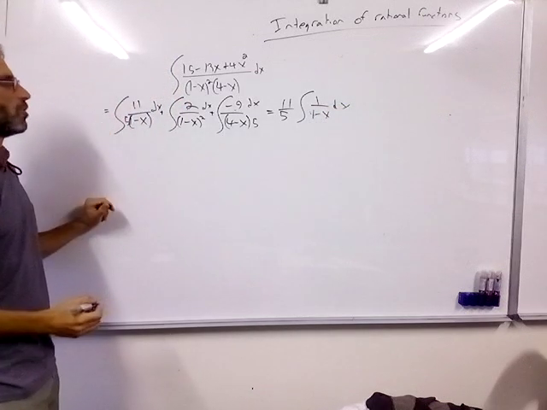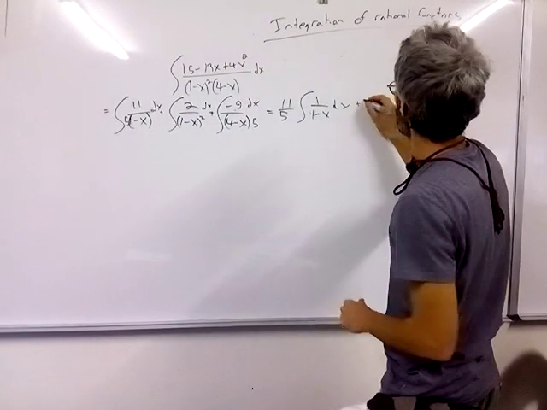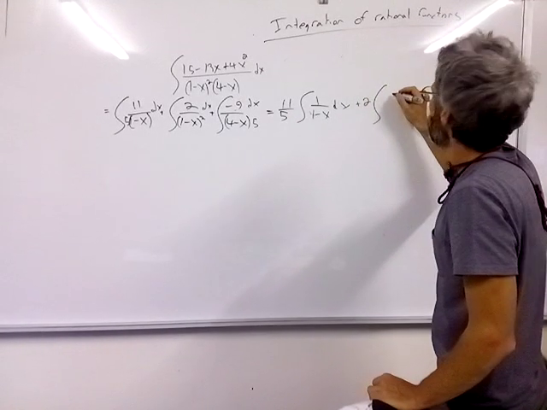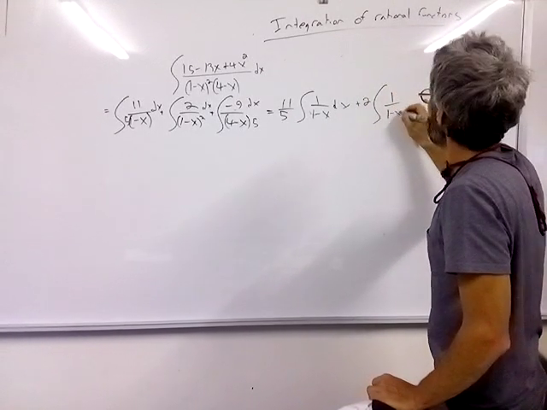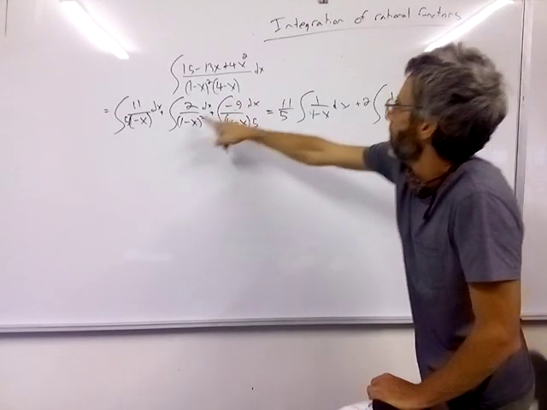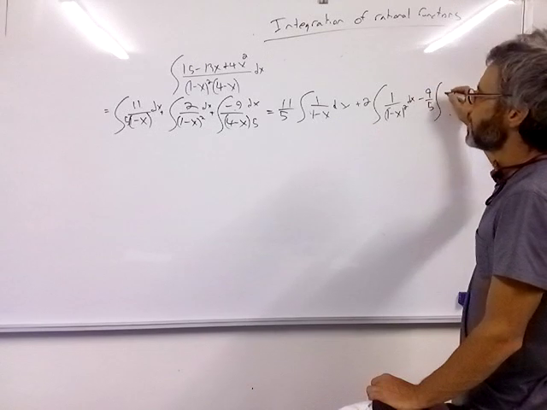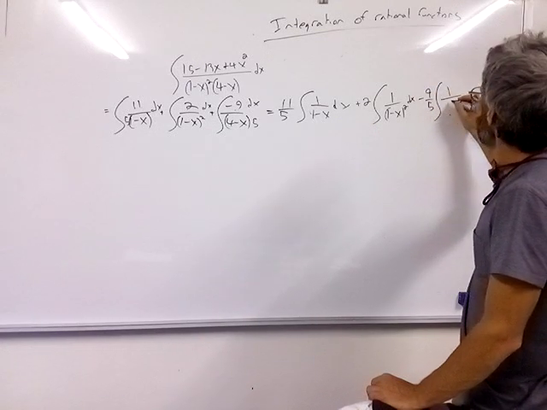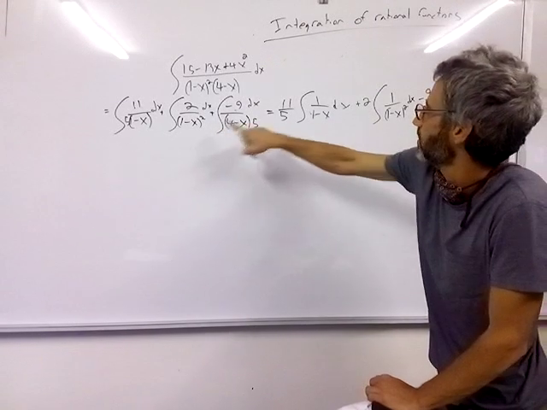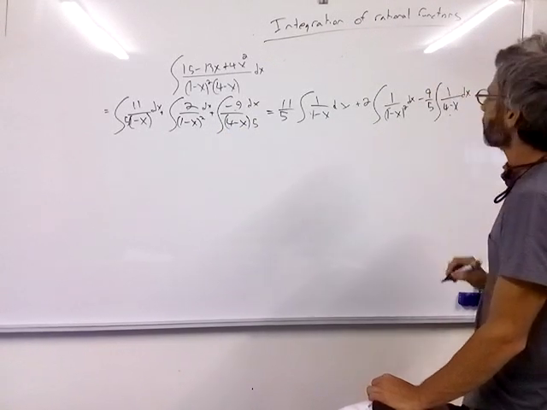I just got the 11 over 5 out. Here I'm going to get the 2 out, and the integral of 1 over 1 minus x squared dx. And the last one, I've got the minus 9 over 5, integral of 1 over 4 minus x dx. See, I've got that 5 out.